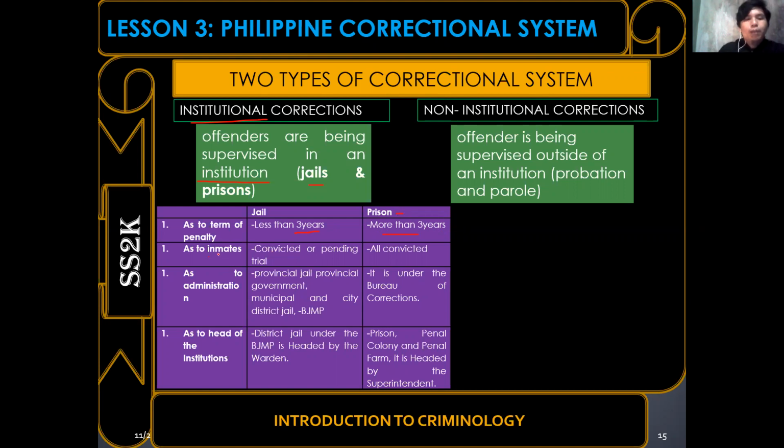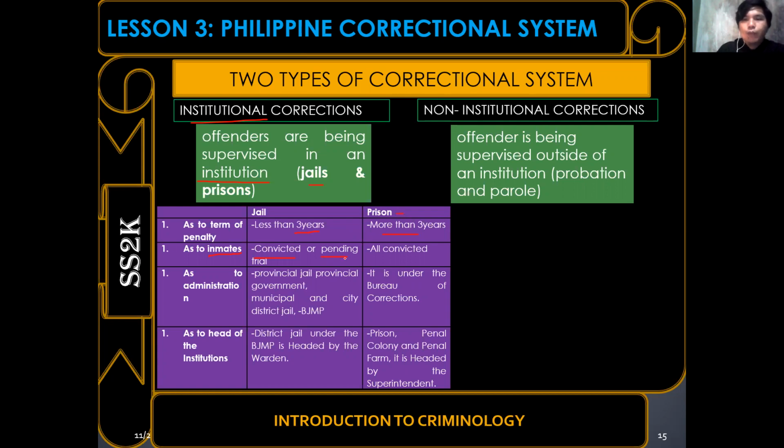Okay. As to inmates, yung pong mga nakakulong doon, yung pwedeng makulong sa jail, convicted offenders, okay, convicted pero yung kanilang penalty is 3 years pababa lamang. Pending trial, ibig sabihin yung naghihintay ng pag-release, okay, undergoing trial, ibig sabihin dinidinig pa lang yung kaso, no?